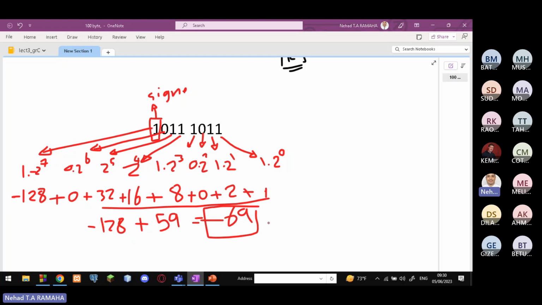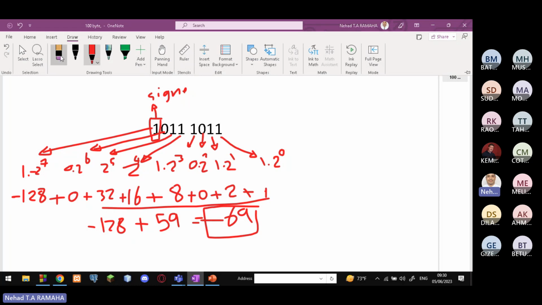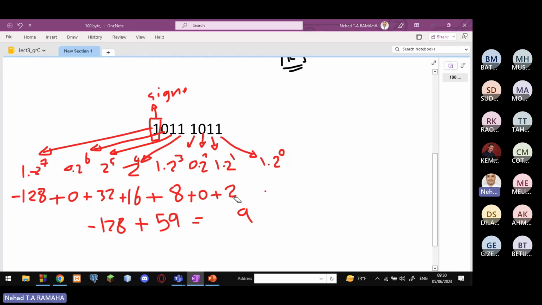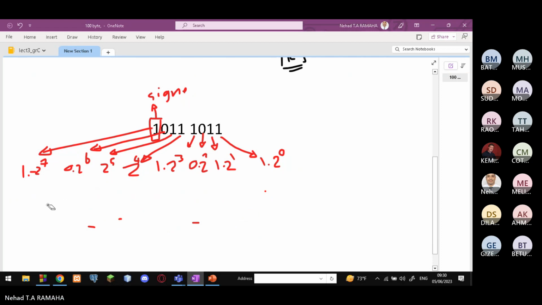Let's see if it's unsigned. If it's unsigned, then we don't have minus here. Okay, we will have the same numbers, but without sign, so without minus.